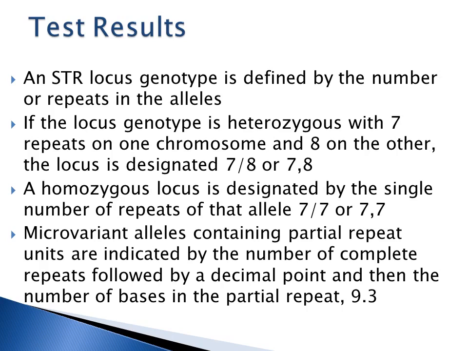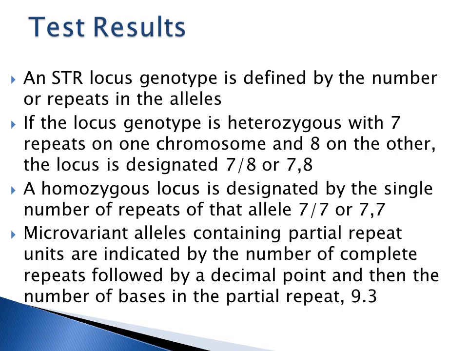So a short tandem repeat locus genotype is defined by the number of repeats in the alleles. So if the locus genotype is heterozygous with 7 repeats on one chromosome and 8 on the other, the locus is designated 7/8 or 7,8.